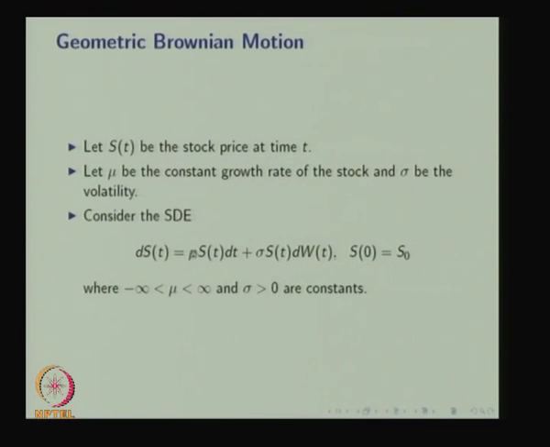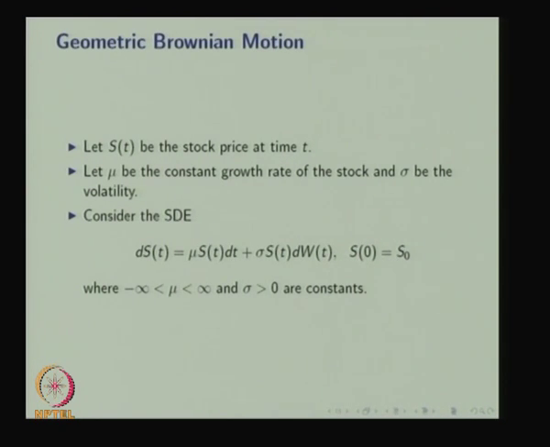So mu can take values from minus infinity to infinity, whereas sigma is the volatility, so it is greater than 0. Both are constants. So the corresponding stochastic differential equation, that is the increment of S, is mu S_t dt plus sigma S_t dW_t. Because of this dW_t, this equation is a stochastic differential equation.